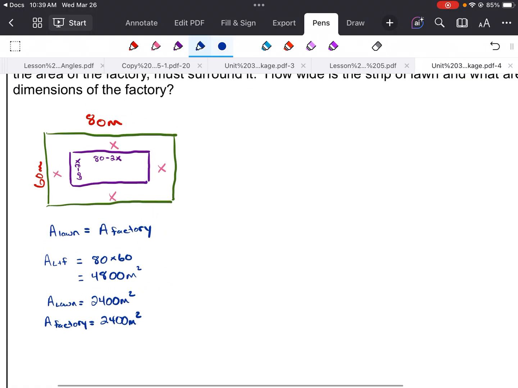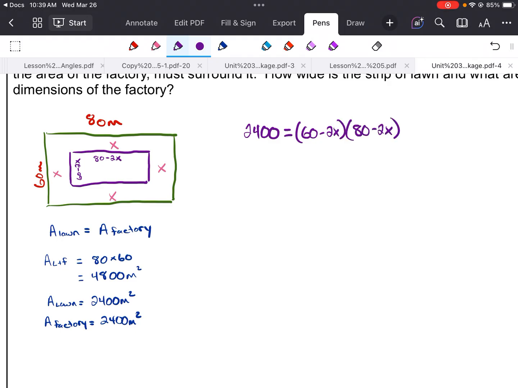Okay, so now that we know that the area of the factory is 2,400 meters squared, and we know that the area is found by length times width, so we have 60 take away 2x multiplied by 80 take away 2x. We can expand this and solve.